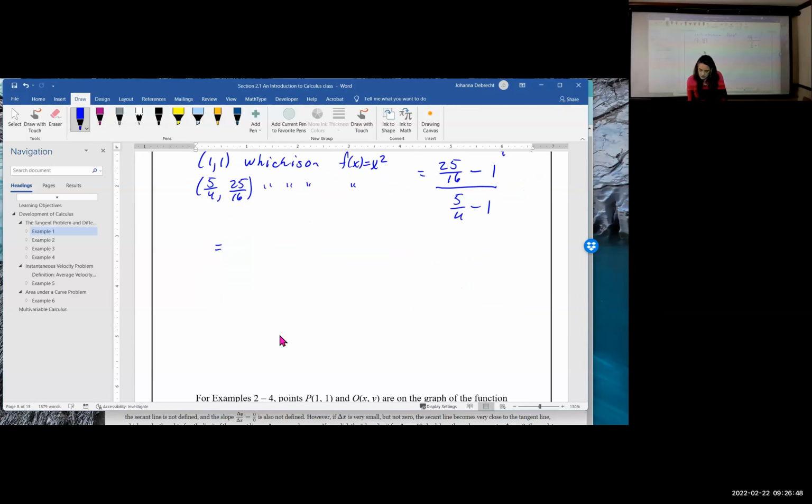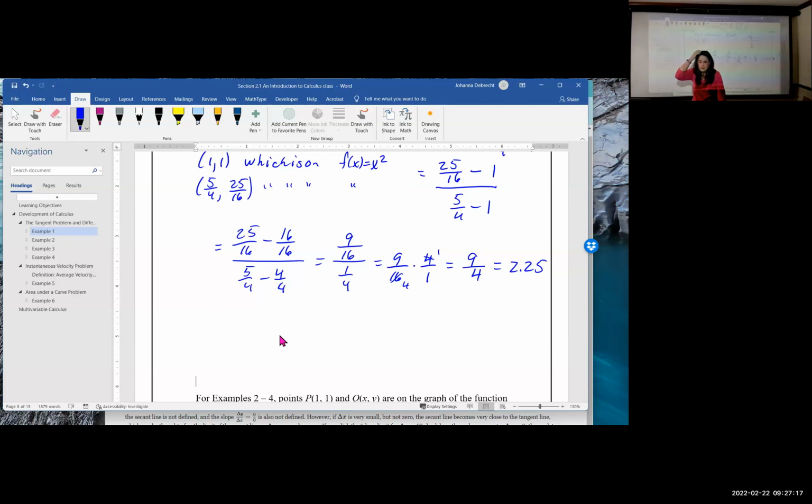So this is going to give me 25 sixteenths minus 16 sixteenths, get common denominators, 5 fourths minus 4 fourths, which gives me 9 sixteenths over 1 fourth, which gives me 9 sixteenths times 4 over 1, which gives me 9/4, which is 2.25, right? And that's my estimate for the rate of change.